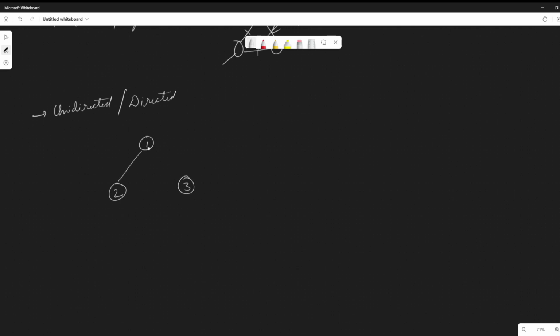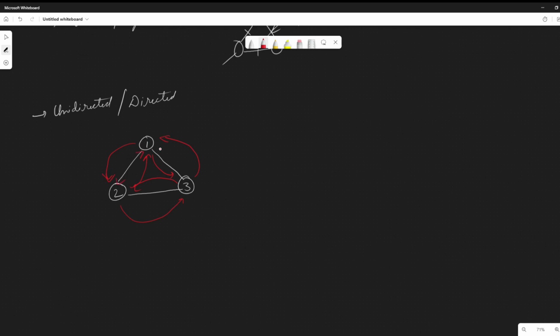We can travel in both directions. We can come from 1 to 2 and go back from 2 to 1. Similarly, we can go from 2 to 3 and 3 to 2, and 3 to 1, 1 to 3. So we can go in the forward as well as the backward direction.